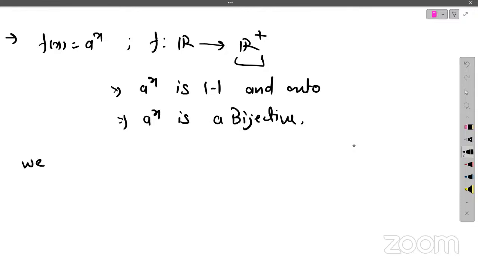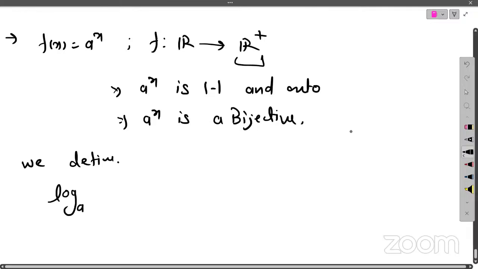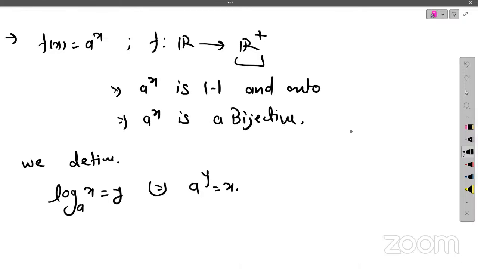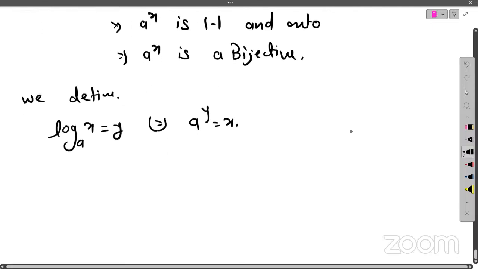So we define what log of x is. We say that log base a of x is equal to y if and only if a to the power y is equal to x. Right? So if you take x to be your input point, then the output will be y, and it is if and only if a to the power y is equal to x, because that's how we define the inverse function.